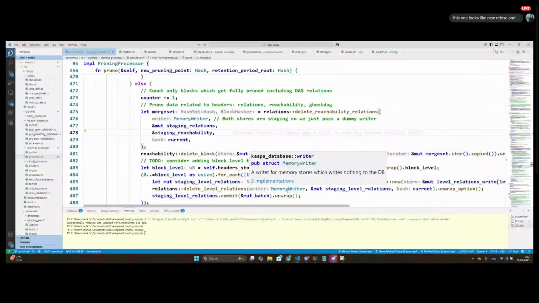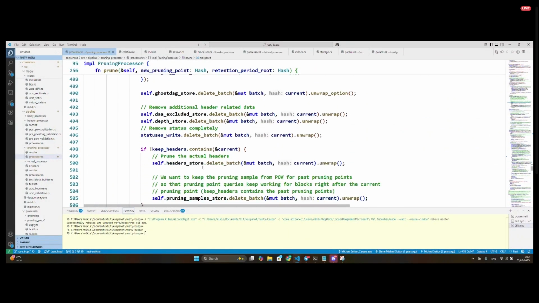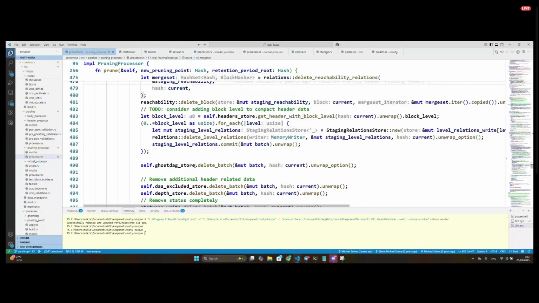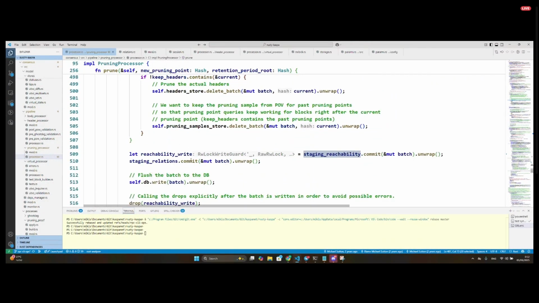When you commit, the way it's written is that you have the staging relations, and you apply the delete to this store, and then you do something, and then you do this commit.